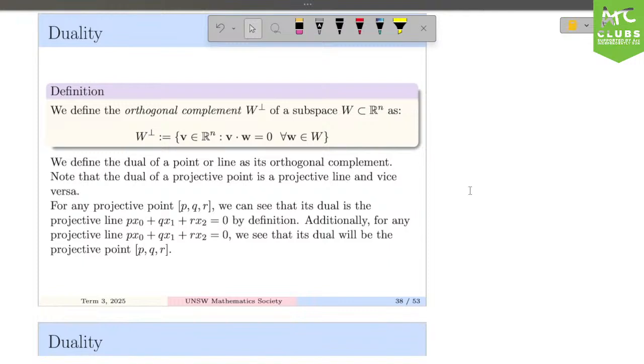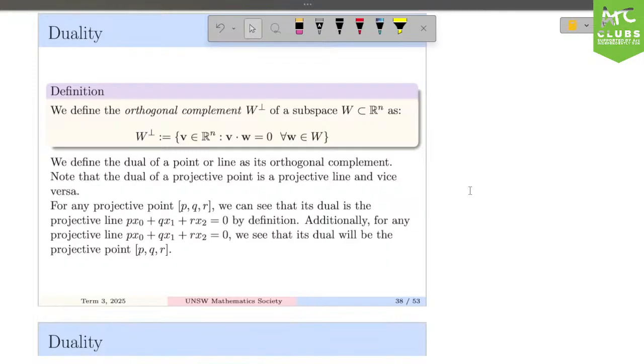So if we have the span of a point x0, x1, x2, i.e. the projective point with homogeneous coordinates x0, x1, x2, then its dual is just going to be the line. Actually, it's probably easiest if we rename this.